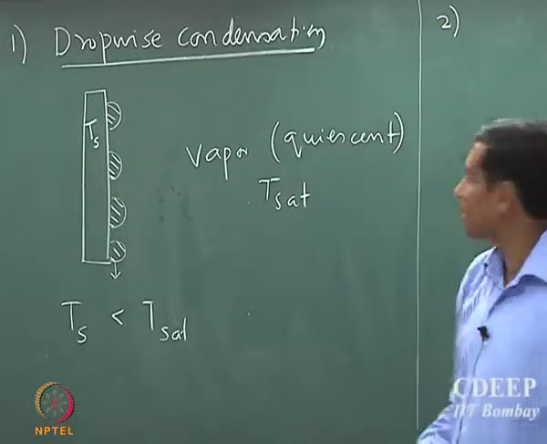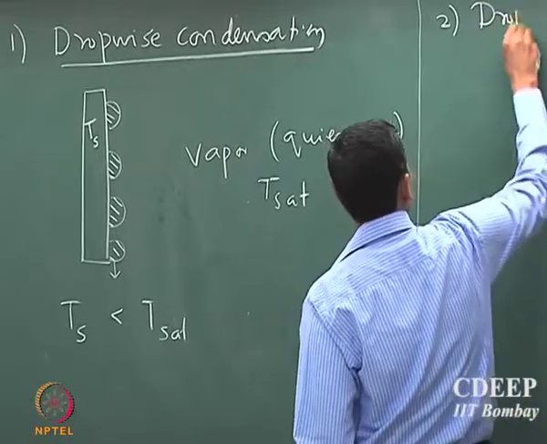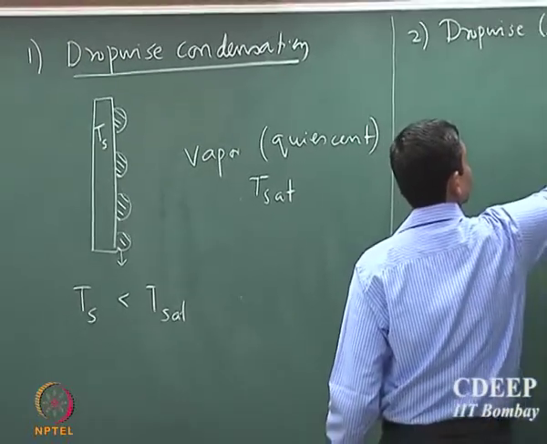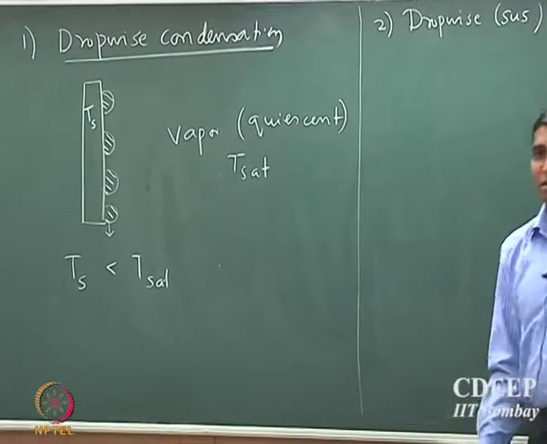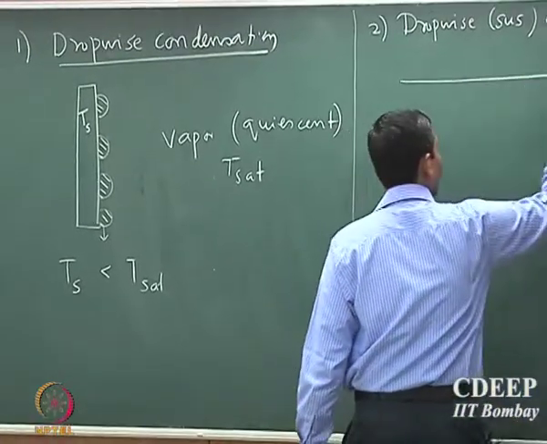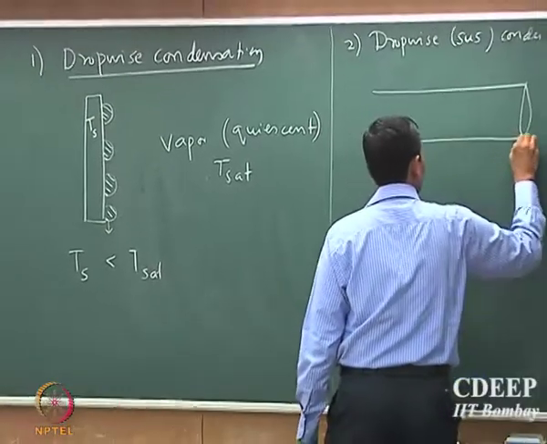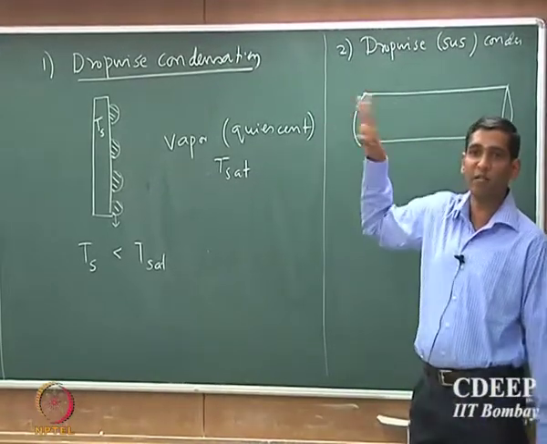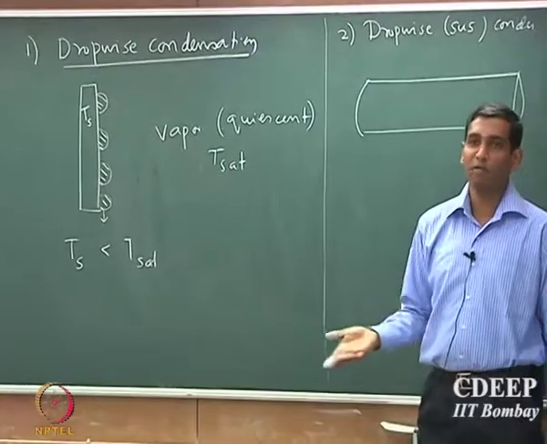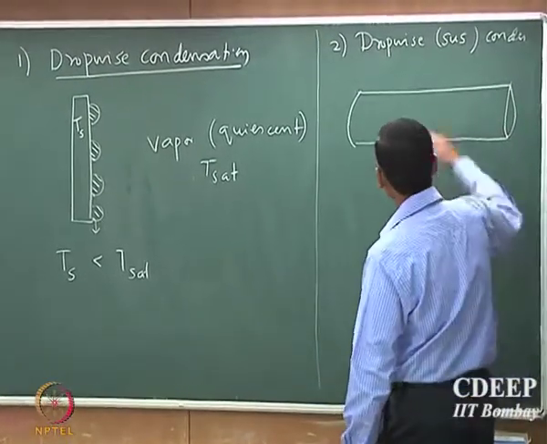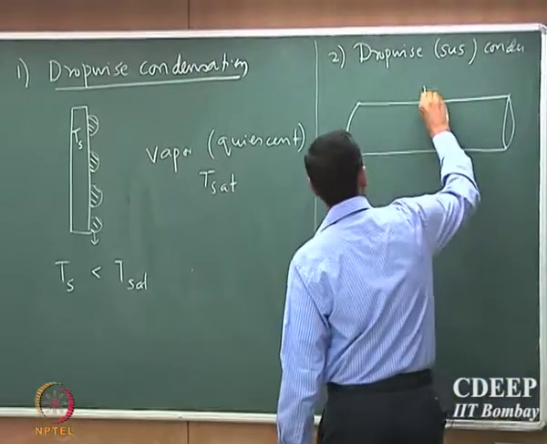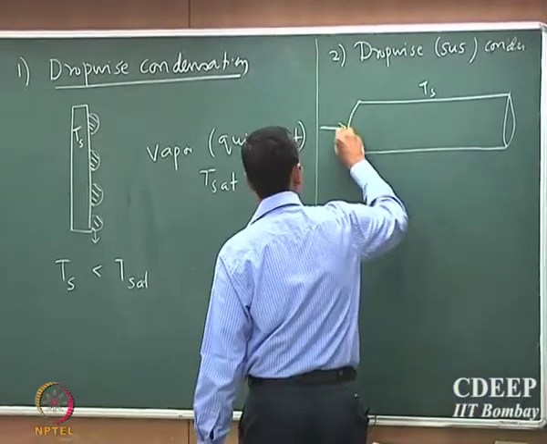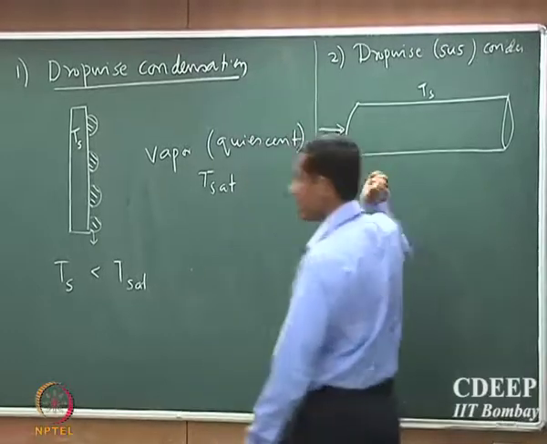Now, if I look at the dropwise suspended condensation process, it is fairly common in several heat transport equipments. Suppose I take a tube, and the surface of the tube is maintained at temperature Ts, and there is vapor which is flowing through this tube at, let us say, the saturation temperature Tsat.